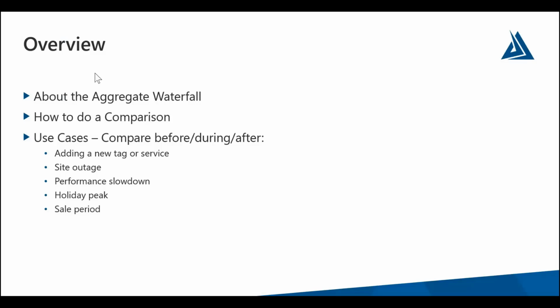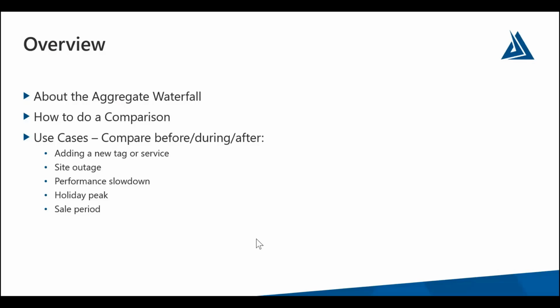So, an overview of the session today. We're going to talk a little bit about the Aggregate Waterfall and how the page works, and how to interpret the data. Then we'll get into how to actually do one of these comparisons.